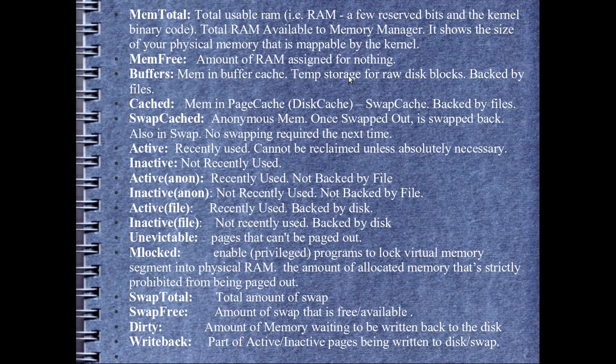Buffers, temporary storage for raw disk blocks, as we discussed, metadata information, superblock information, inode information related to the file. This is basically used by the application that makes use of files, the files which are present in the disk.